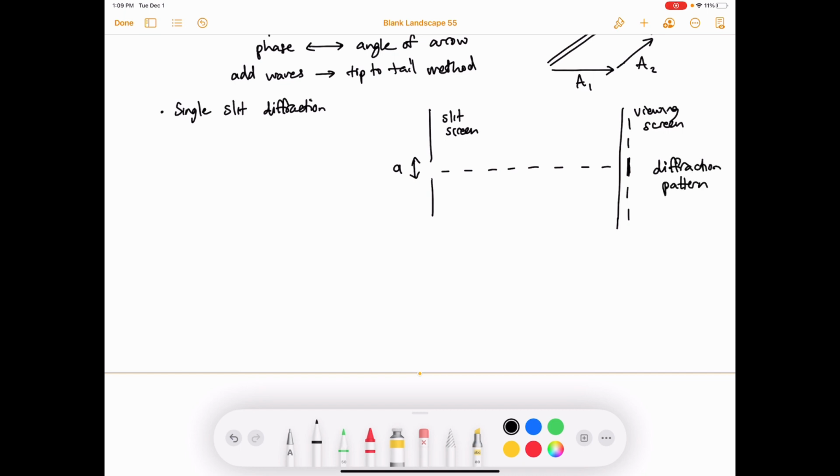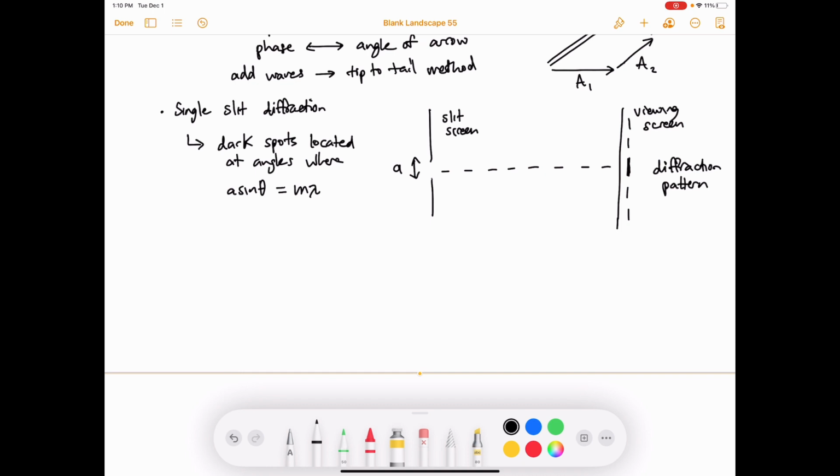That's a series of bright and dark spots, but it's not exactly the same as our interference pattern from before. Some of the details are different. So in particular, we have dark spots, points of destructive interference, located at angles where A sine theta equals m times lambda.